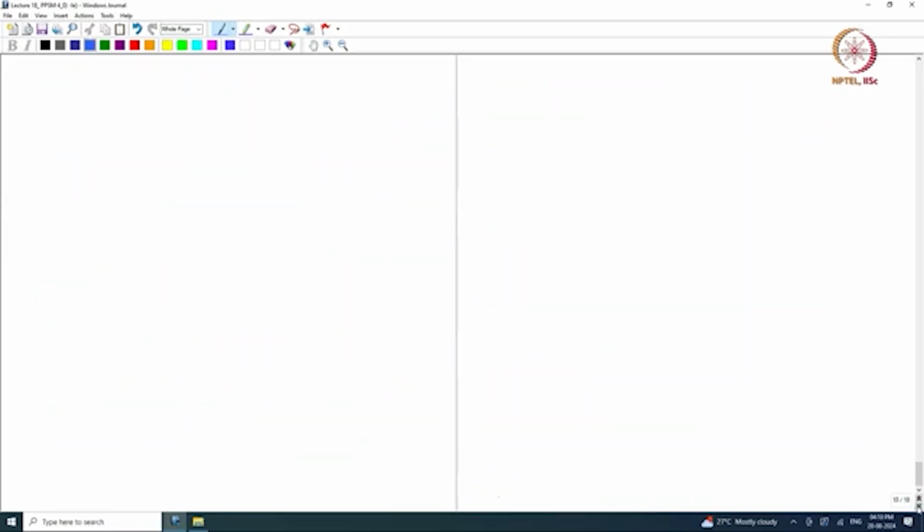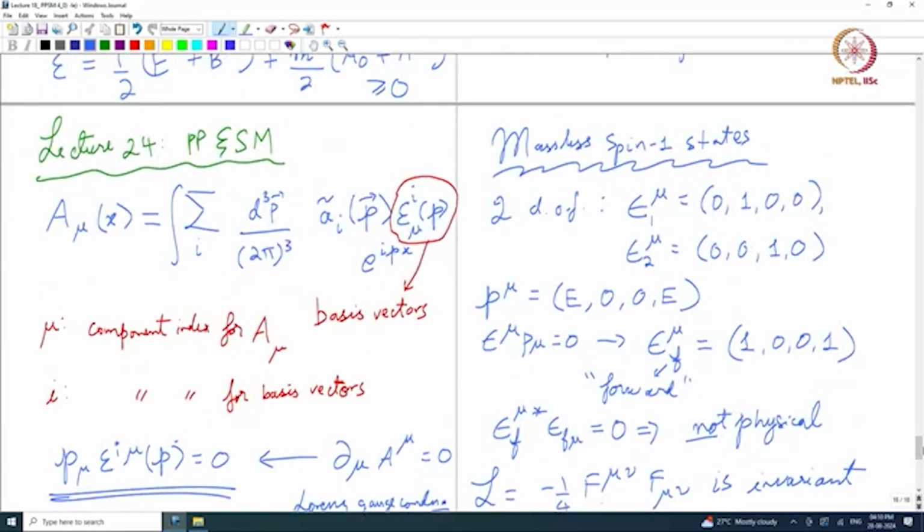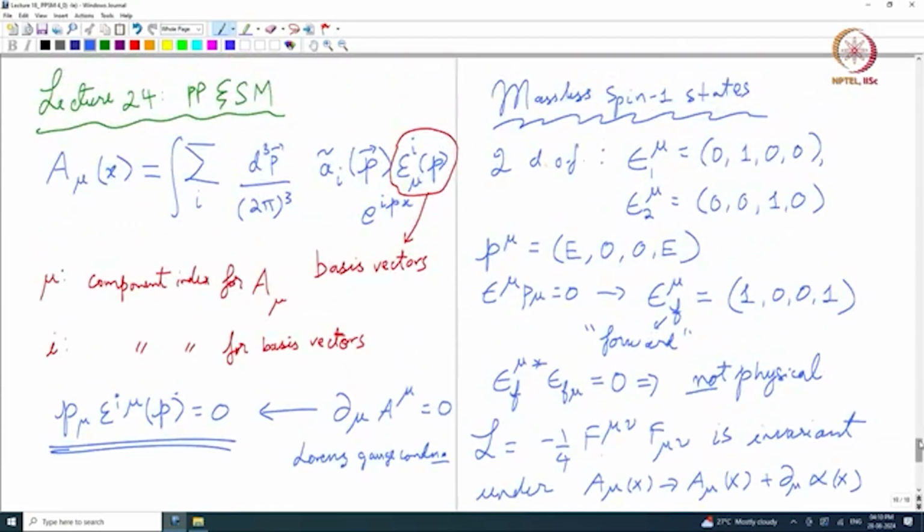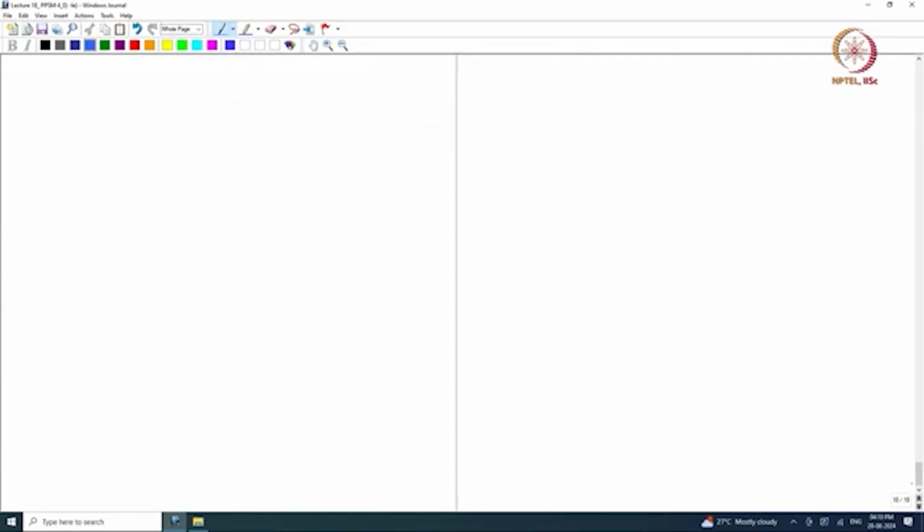Okay. So, what happens now is that since the forward polarization is proportional to p mu, they are exactly the same except for normalization. So, since the forward polarization is proportional to p mu, I can always pick A mu as a derivative.